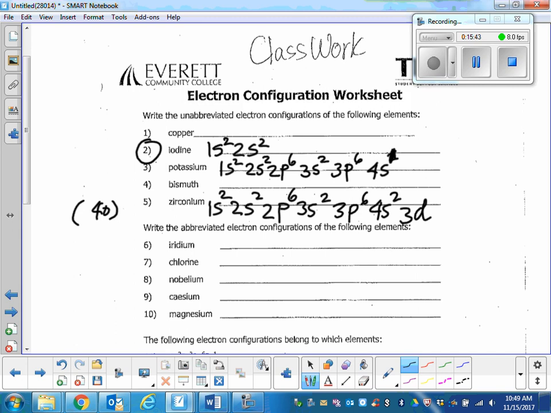Oh wait, zirconium is in the next row. Alright, 3d what? Joanna, 10. After 3d10, what is that? It's 4p6. What is after 4p6? 5s2. What is after 5s2? 4d2.